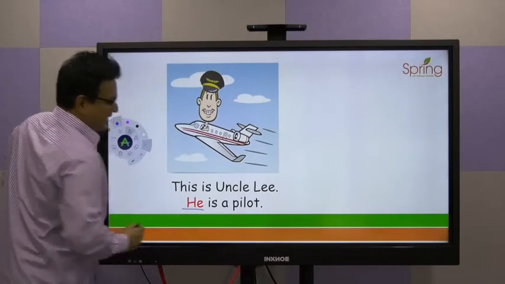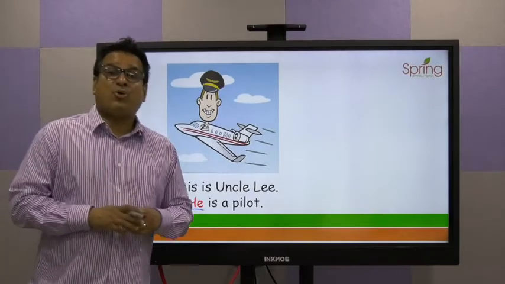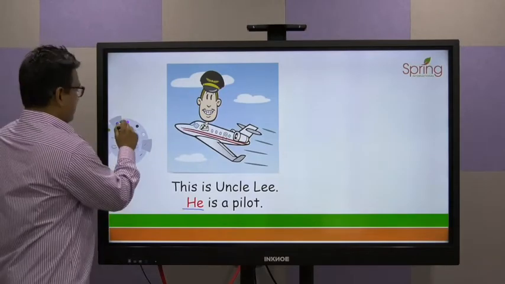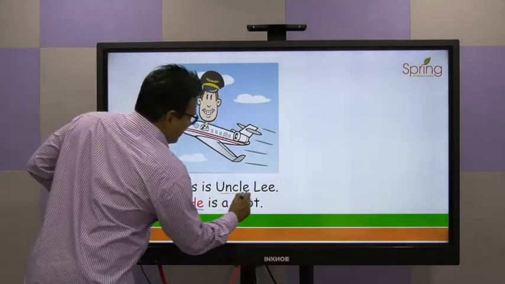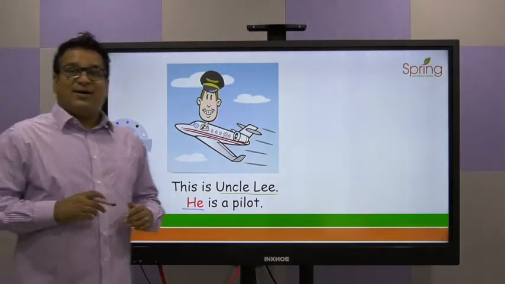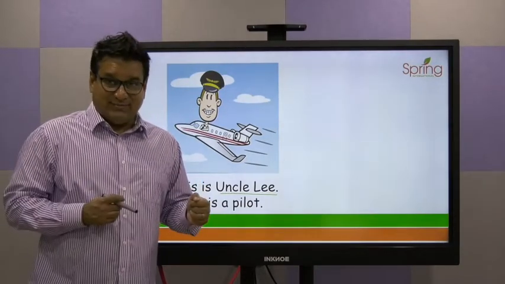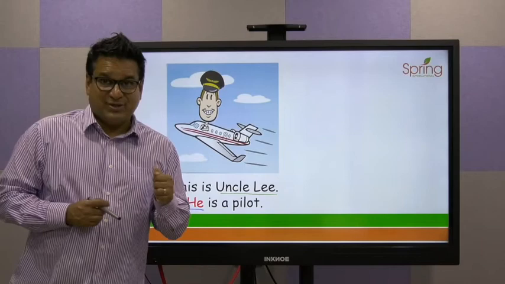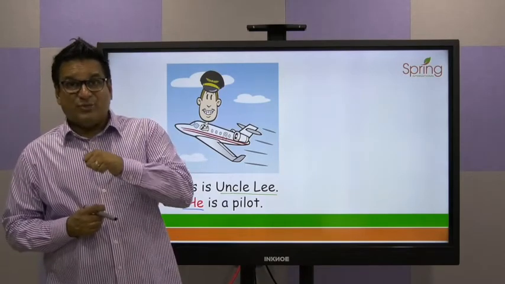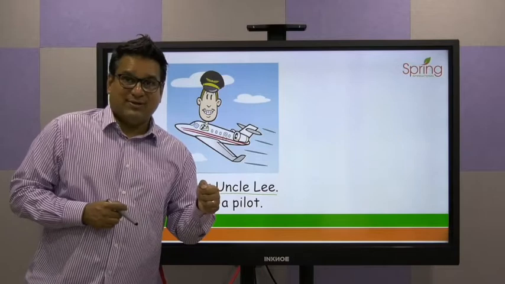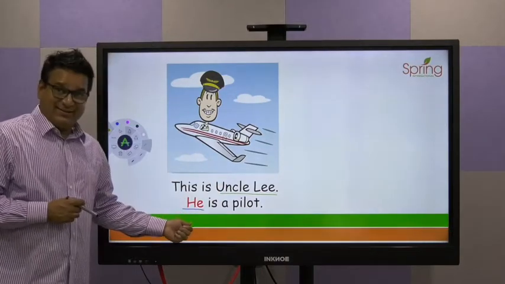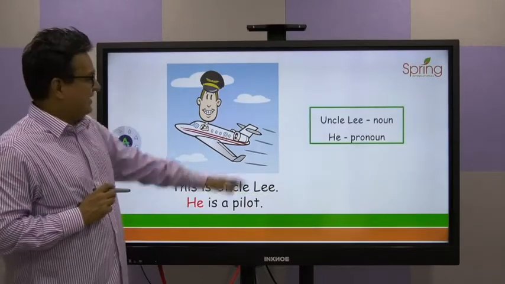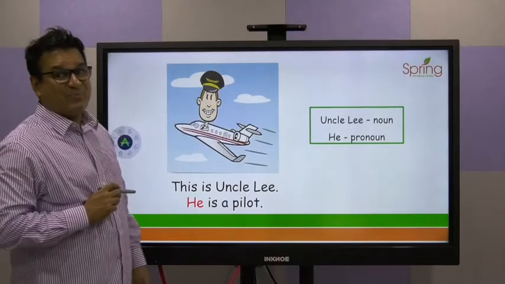It is the word he. He is a pronoun because it is used to replace the noun Uncle Lee. Uncle Lee is the name of a person. And you remember, names of people are nouns. And a pronoun is used to replace a noun. Just like the word he. Okay? Very good. Confirmation. Uncle Lee is the noun and he is the pronoun.